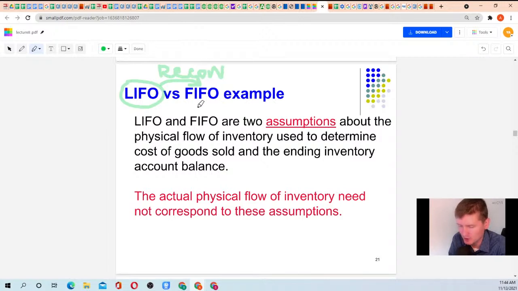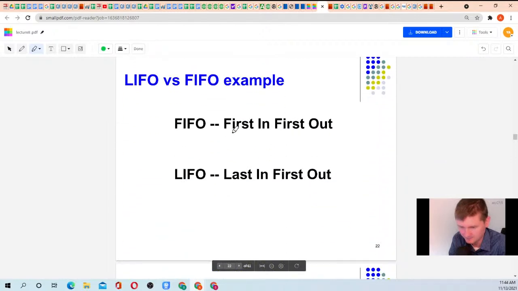That's because most of the entities use the FIFO system, and your financial statements need to be comparable. For comparative purposes, if you use LIFO, you reconcile it with FIFO in your financial statements.